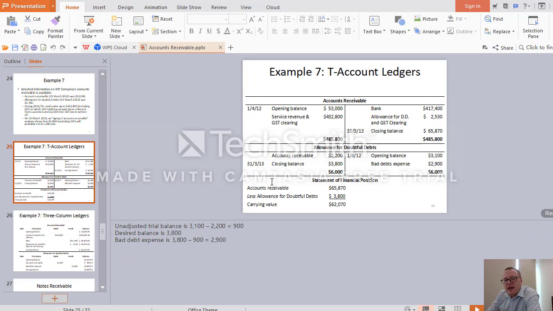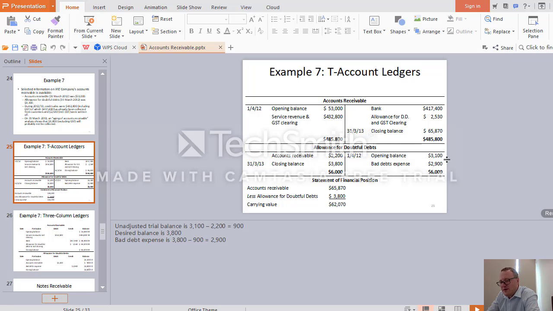So, allowance for doubtful debts. This is the accounts receivable ledger. You can easily prepare it. It's not a big deal. The opening balance is debit, and you will do the write-offs and reversals of write-offs, so you can populate this ledger. How about allowance for doubtful debts?